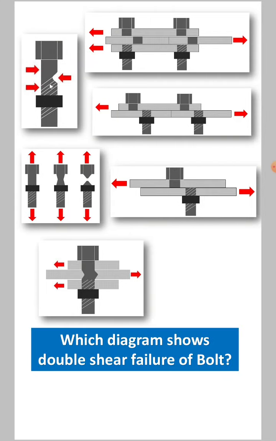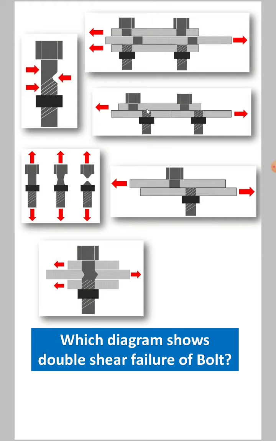All right, we are at question number 4. The question is which diagram shows double shear failure of bolt. Let's focus on the words double shear failure. See this image, a single shear plane is there, therefore this is single, and this is a lap joint. This one is a butt joint, in which a single shear plane can be seen.